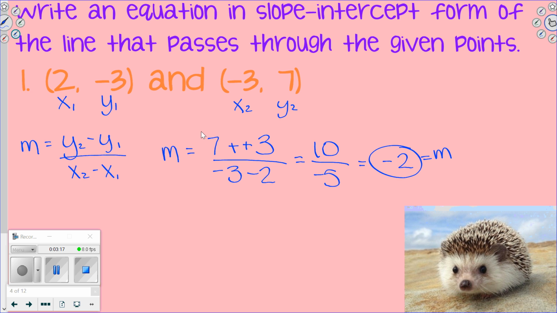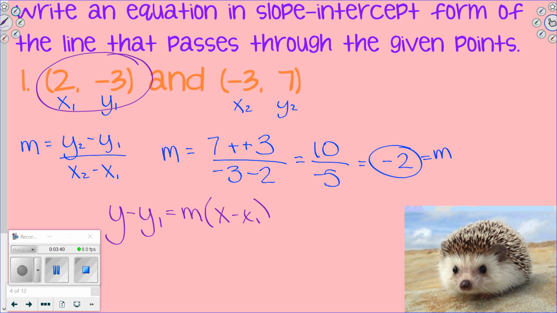All right, once you have your slope, now it's just like what we did on Friday. I have a point, I have 2 to choose from, and I have a slope. It does not matter which one you use, guys. Which one do you want, the first one or second one? First one, all right. We're going to go with this one. It doesn't matter, though. You can use whichever one you want. So we're going to plug that into point-slope form, because I have a point and I have a slope.